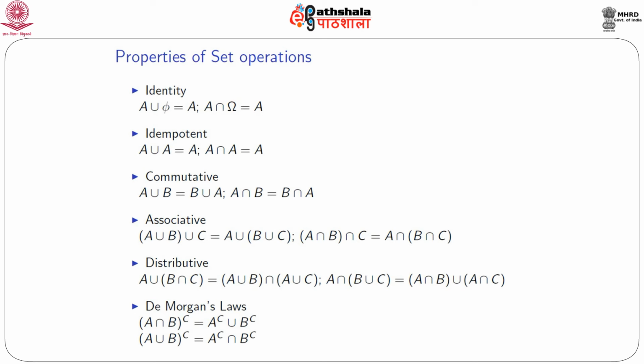The essential message is that if you take the whole complement of a union or intersection, union will be replaced by intersection and intersection will be replaced by union, whereas the individual sets will be replaced by their complements. Though I have taken only two sets A and B, this can be extended to any number of sets. It is a very powerful law that will help us in subsequent lectures.